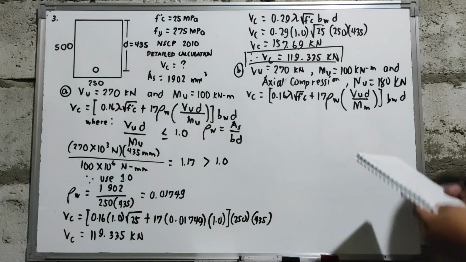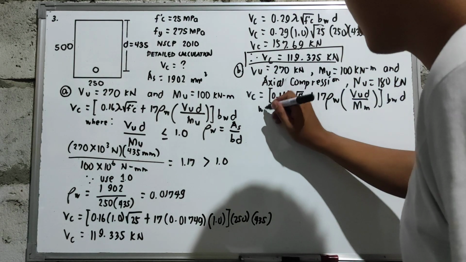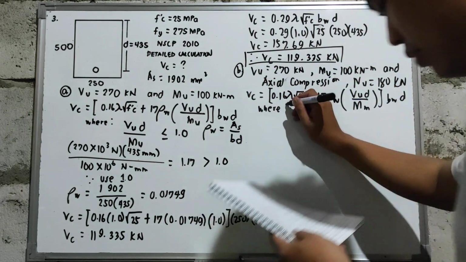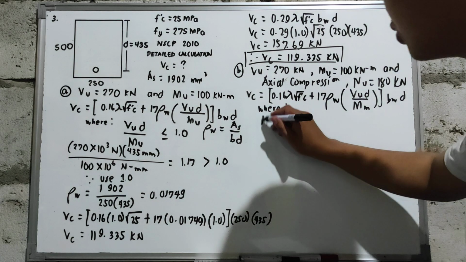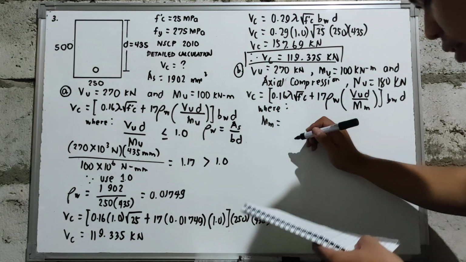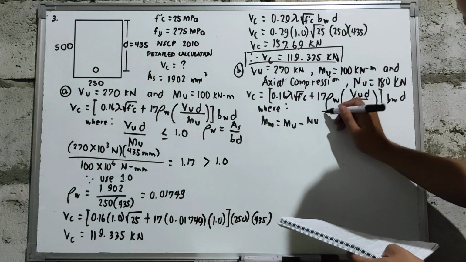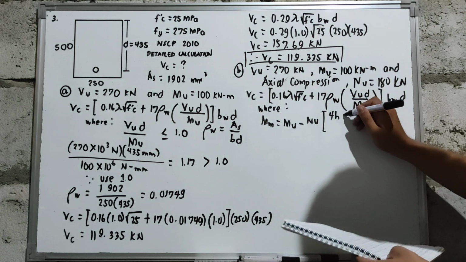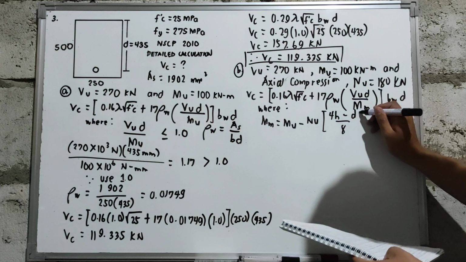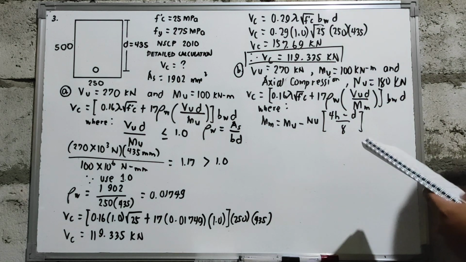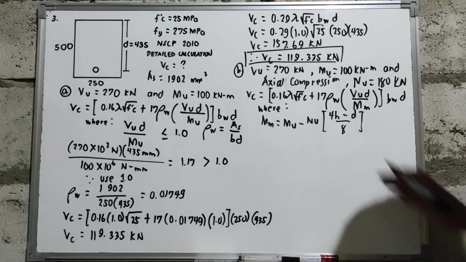So for this, yung condition naman natin dito, yung MM natin, that is equivalent to MU minus NU multiplied by 4H minus D over 8. So that is the formula of modified moment.